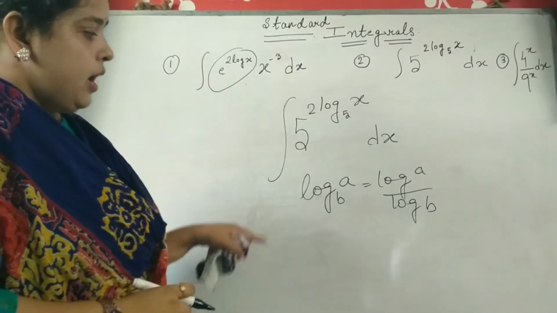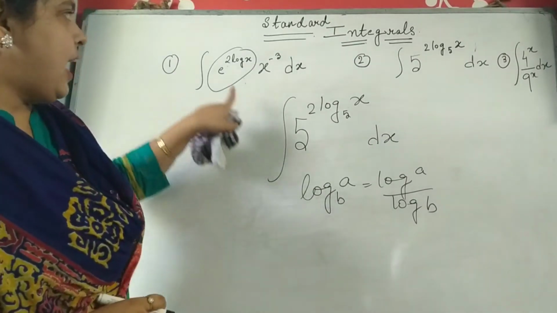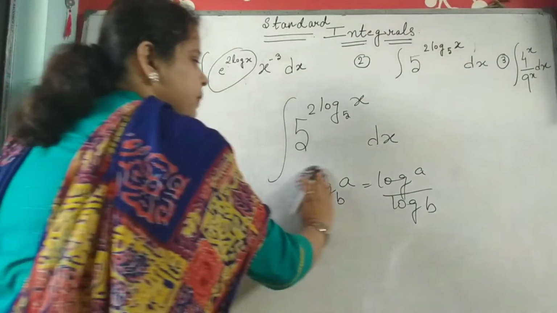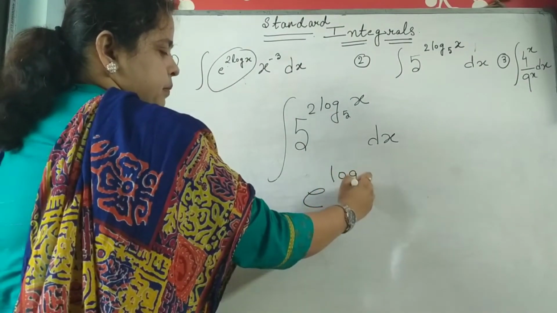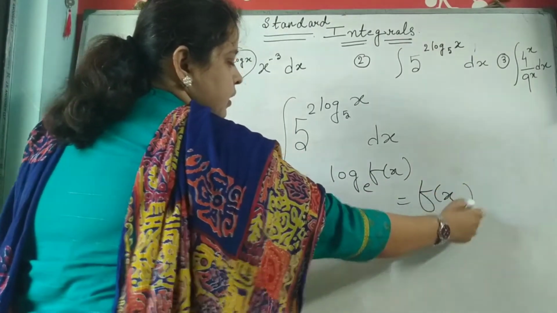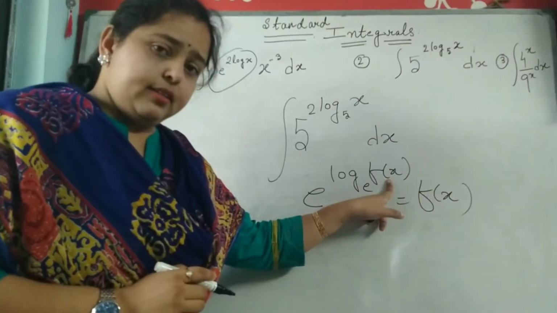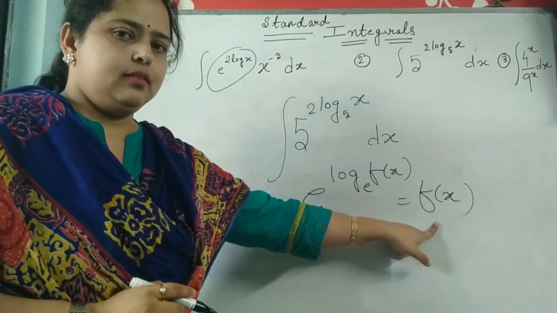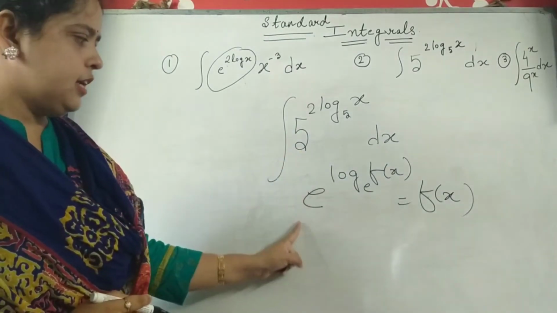But instead of this one, I will be using the same formula as I used before. Now how is it possible? Because the last formula used in the first problem, please all of you notice that I said e to the power of log f(x), and the base was e. So it was f(x). Understood? So here it is 5 instead of e.